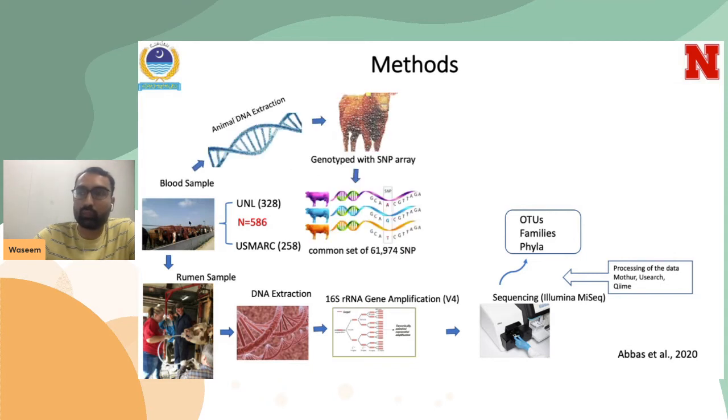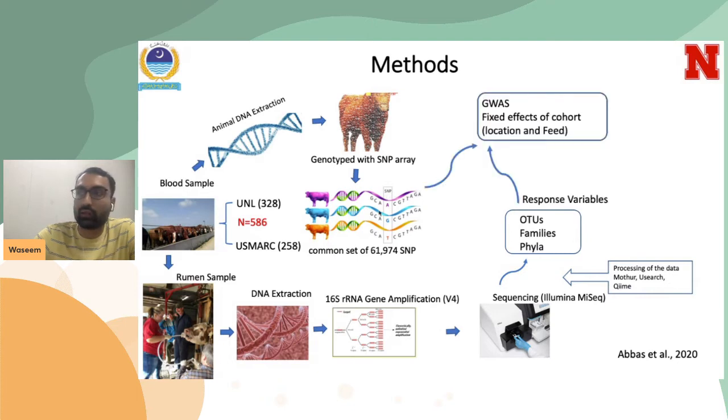From the same animals, we also collected blood samples, and we genotyped these animals based on SNP arrays. These SNPs are basically one nucleotide differences in the genomes of different animals. At the end, we had more than 61,000 SNPs. Then we used the SNP data and the OTU, family, and phyla microbiome data, and ran the GWAS analysis to see if we could find any associations between the host genetics and the rumen microbiome.